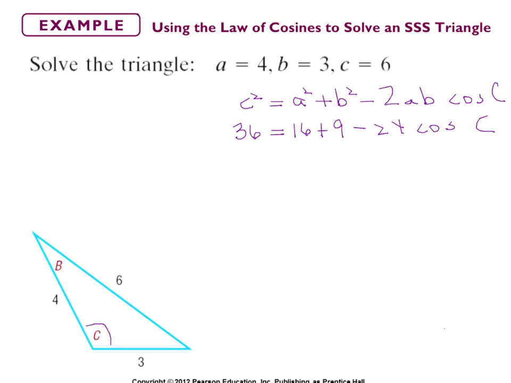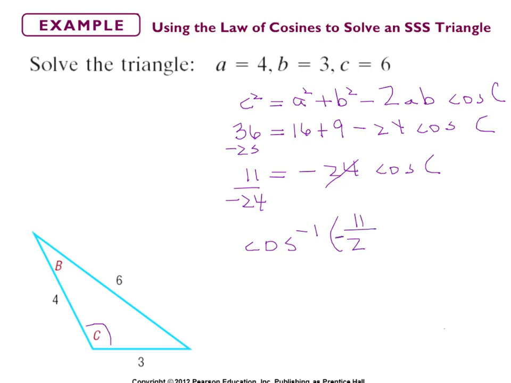I have 25, so this is 11 equals minus 24 cosine of c. Divide both sides by minus 24 and take the inverse cosine. So I have the inverse cosine of minus 11 over 24 equals c. So what does c equal?